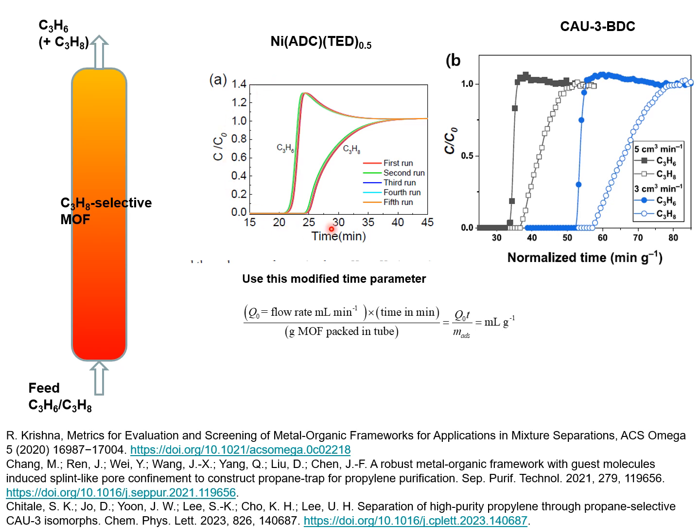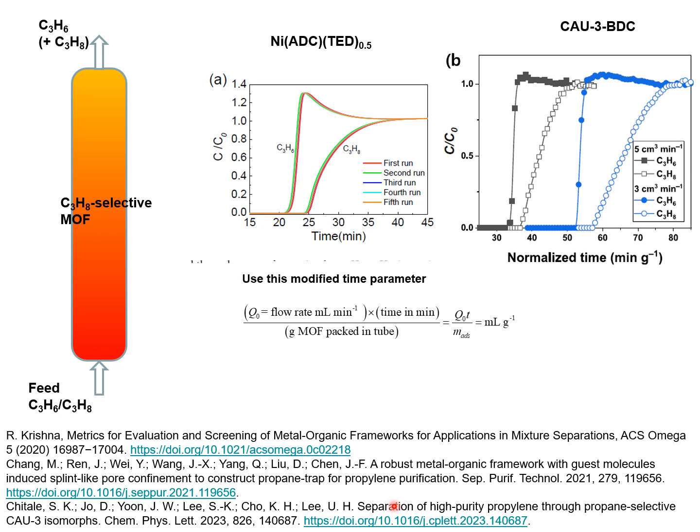The breakthrough experiments for this MOF were conducted for a 50-50 mixture, and for CaO3 BDC, the experiments were conducted for a 1:15 mixture of propane to propylene at two different flow rates, 5 milliliters per minute and 3 milliliters per minute. The first point to note is that the time axis here is in minutes, and here it's minutes per gram.